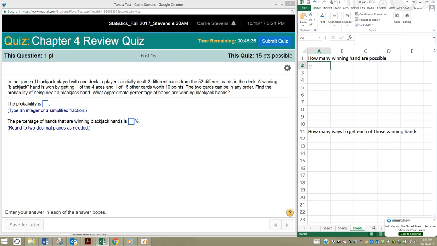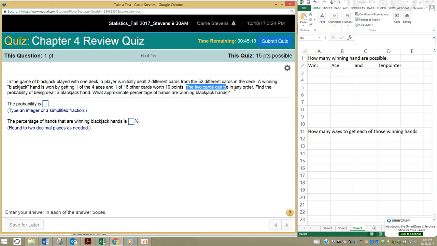So let's say I want to win. What do I have to do to win? I've got to draw an ace and one other card that's a 10-pointer. And it says the two cards can be drawn in any order and I'll still win.